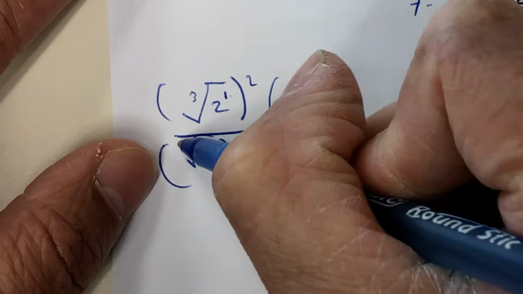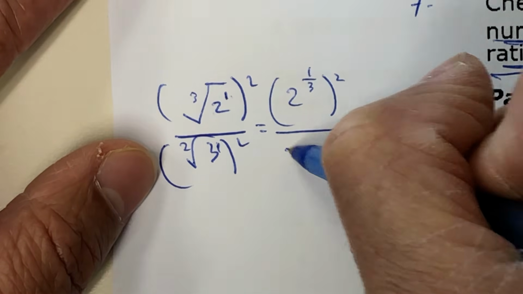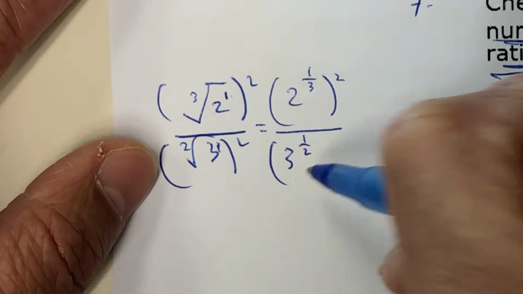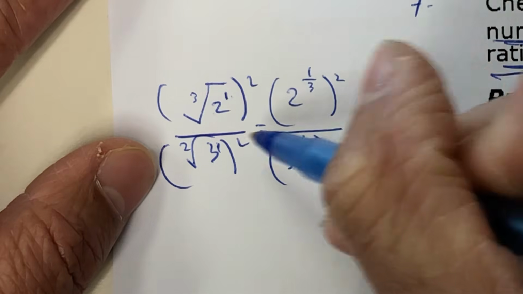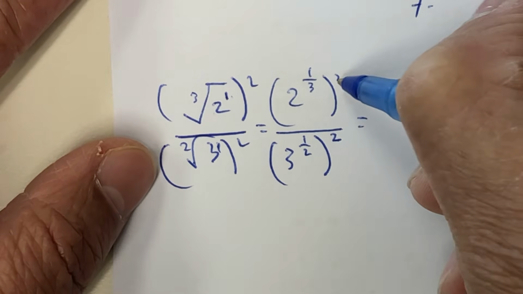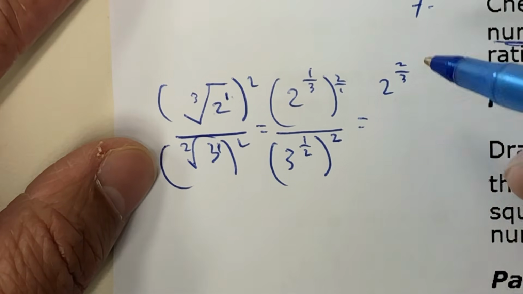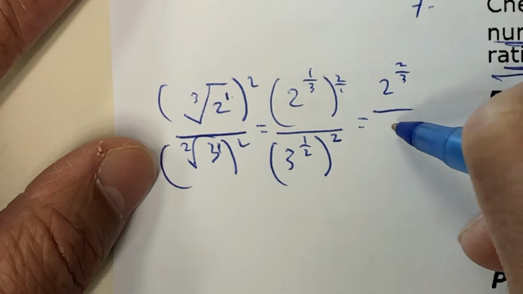So the first power is a 2, so I'm going to square it. And all you do is just multiply that. So 2 times 1/3 gives you 2/3. And over here, you're going to get over 3.